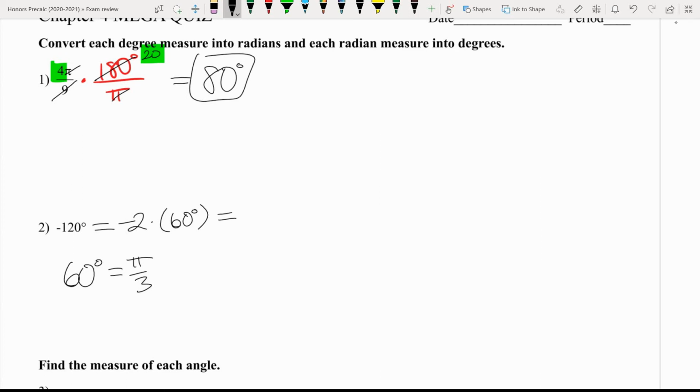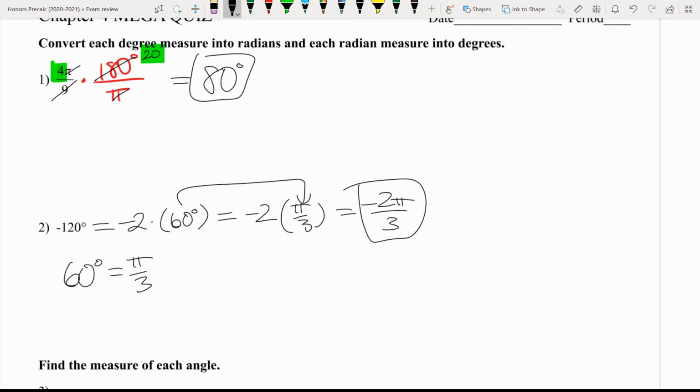So negative 2 times pi over 3. If I replace the 60 with the pi over 3, I get negative 2 pi over 3. If you wanted to use the other version of saying negative 120 degrees times pi over 180 degrees, you get the same result. 120 divided by 180 reduces to 2/3.